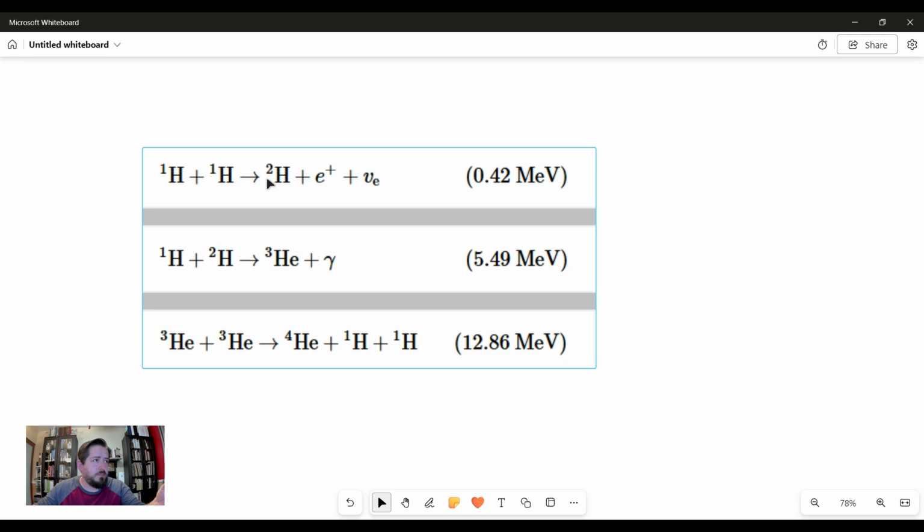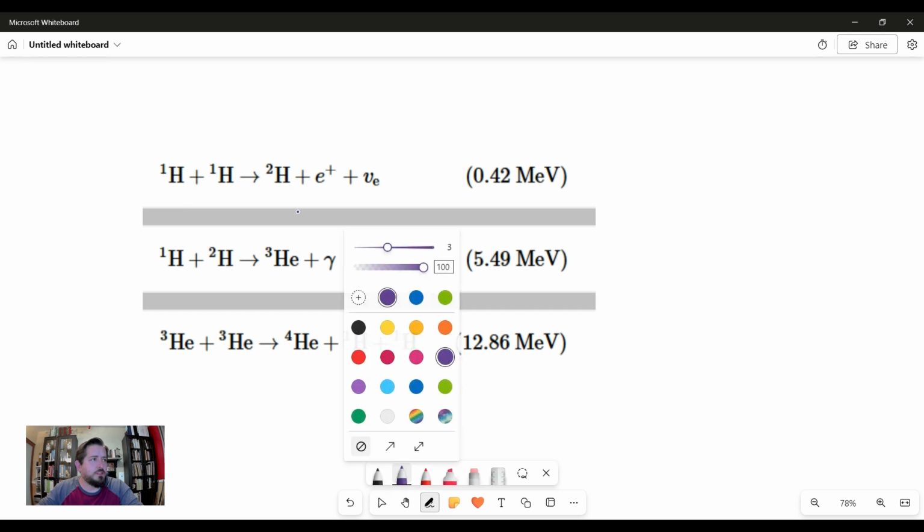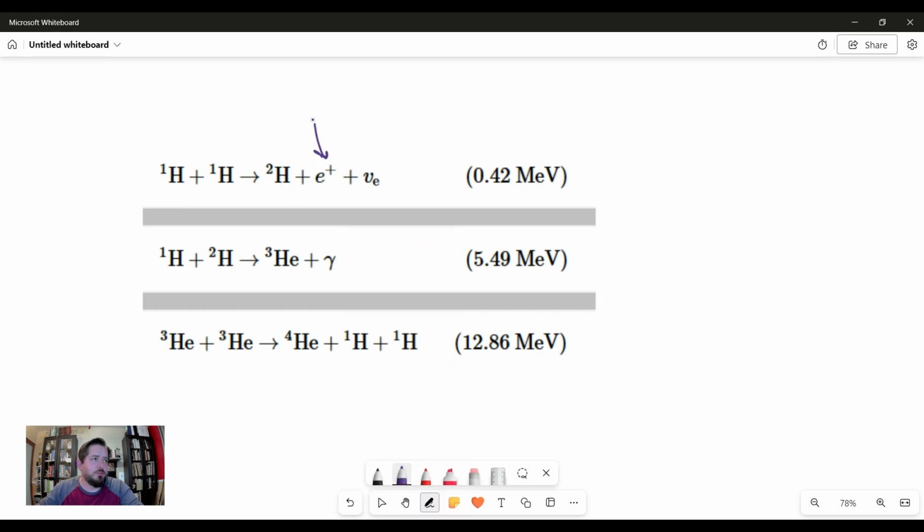One of the protons loses a positron and a neutrino, but it becomes still hydrogen, a hydrogen that's now attached to a neutron. And then there's a byproduct of an electron and a neutrino, and this is the electron's neutrino.